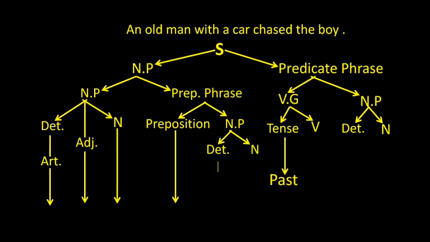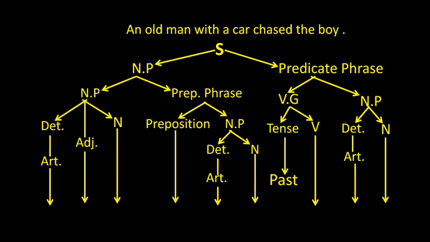We get determiner, that is article a, and noun car, tense is past, verb is says, determiner is article the, definite article the, and noun phrase, noun boy. So ultimately we get determiner article an, adjective old, noun man.